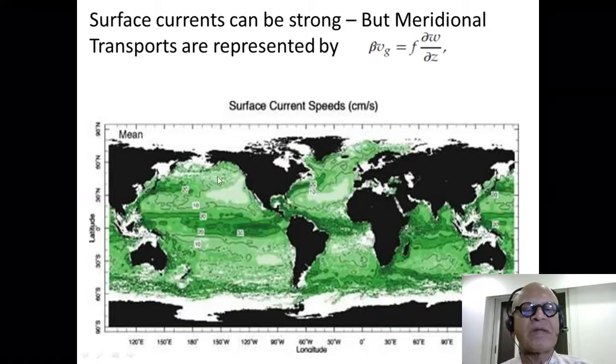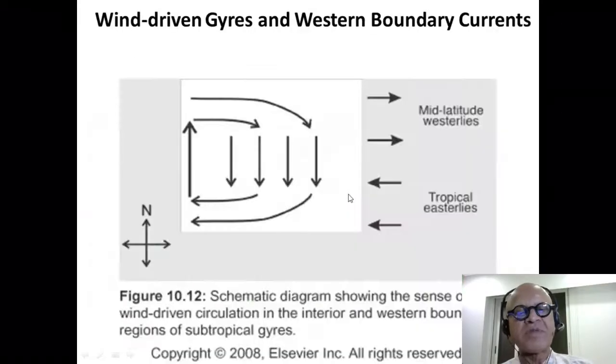We also have to explain why the currents are strong on the western side and not on the eastern side. The simplest way to think about it is, of course, that we have mid-latitude westerlies and tropical easterlies. So you have flow being pushed to the east by the westerlies, to the west by the easterlies. You have Coriolis, either using the beta Vg relation or just using Coriolis.